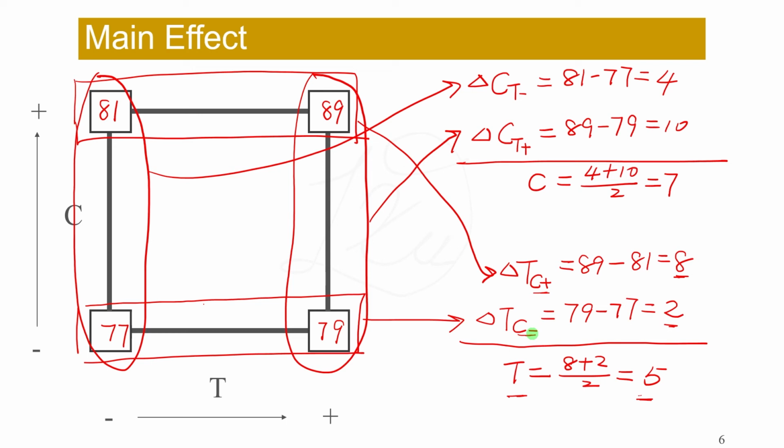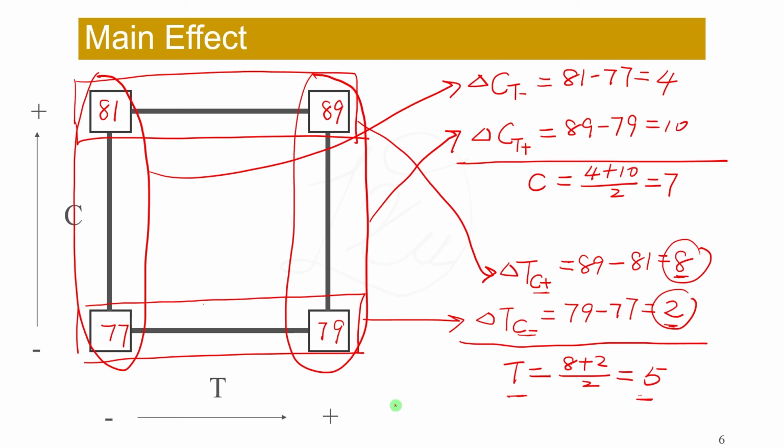So, they have a coupled influence upon the response beyond their main effect. A measure of this interaction is quantified by the difference between the temperature effect at the plus and minus level of the concentration factor. So, the change in yield due to temperature at high concentration is 8, and the change in yield due to temperature at low concentration is 2.